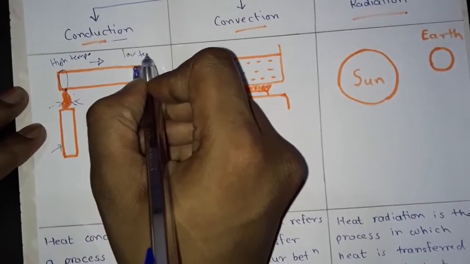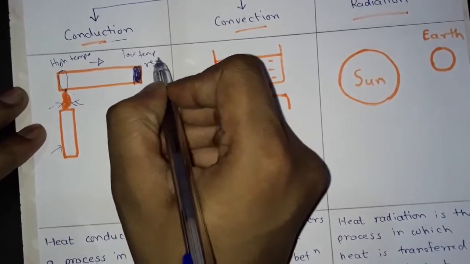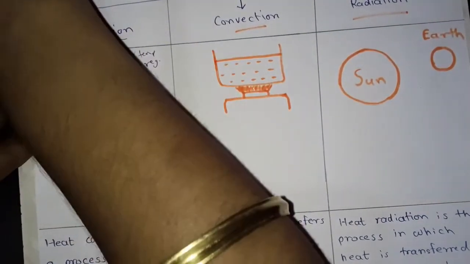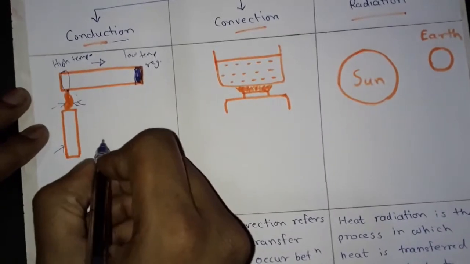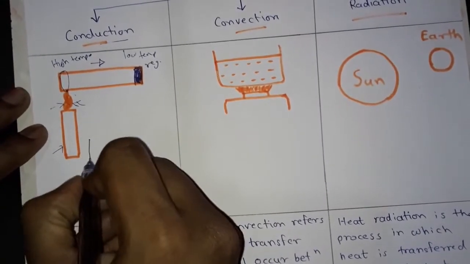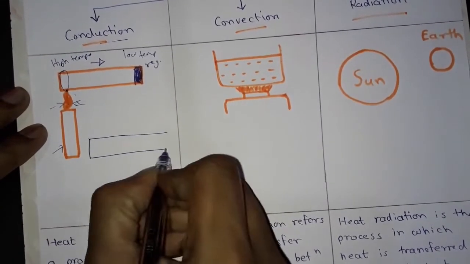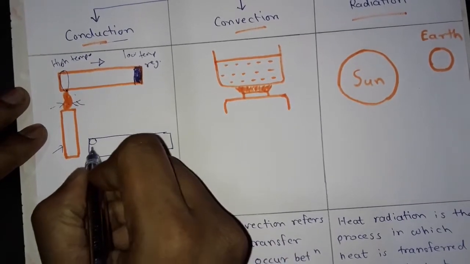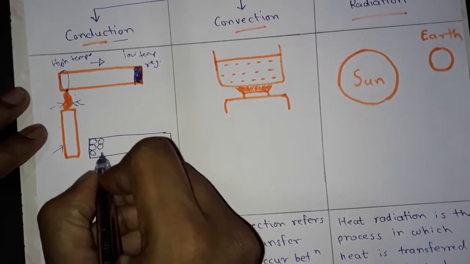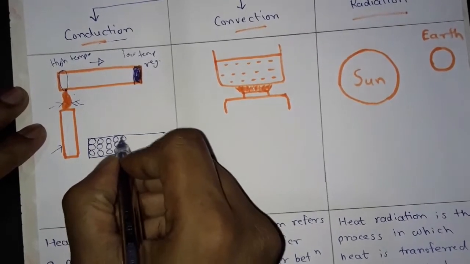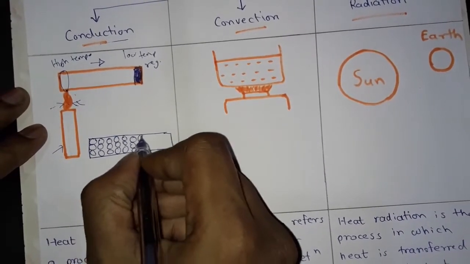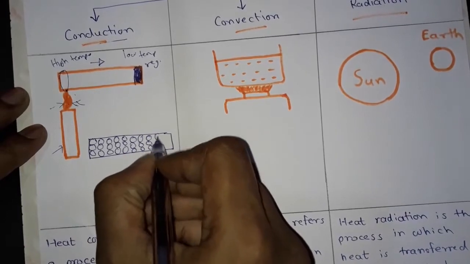towards the low temperature region. And here friends, see how it happens. Suppose this is our conductor and here are the molecules, these round parts are molecules of the conductor.